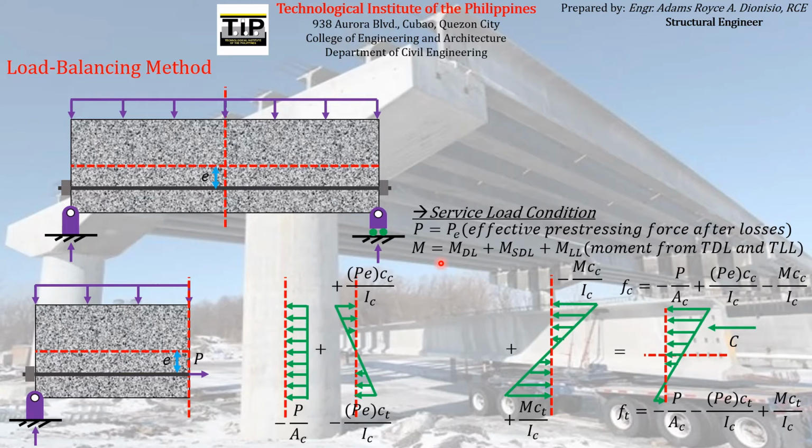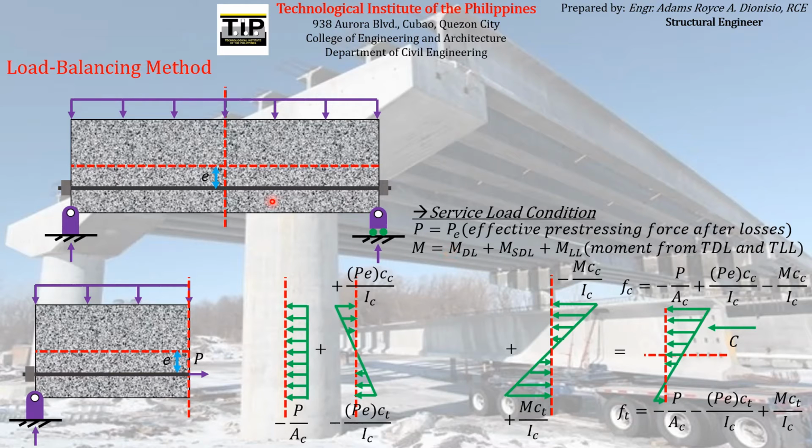The formula that we will derive here later can also be used to analyze a concrete element at other stages of pre-stressing. But most of the time, the load balancing method is just used to analyze a concrete element which is already in service load condition.